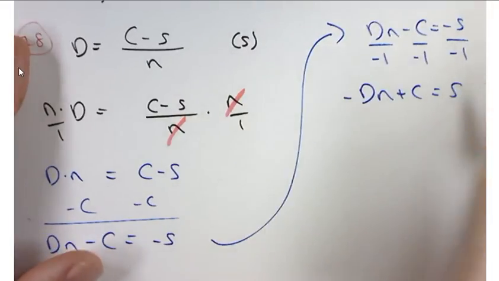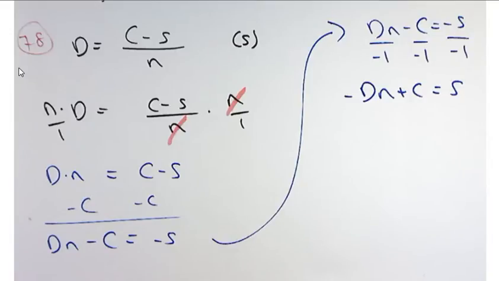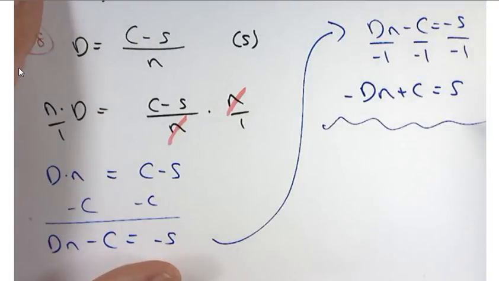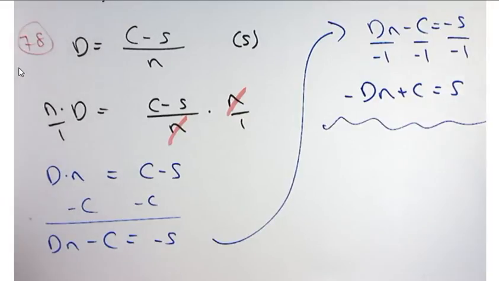Good. Thank you. So that's just going to change the sign on both of those terms. You could also, at this point, have multiplied everything by negative 1. It would have the same effect.